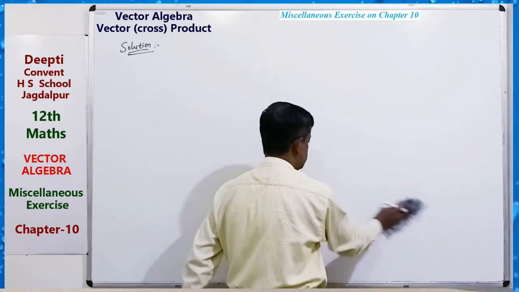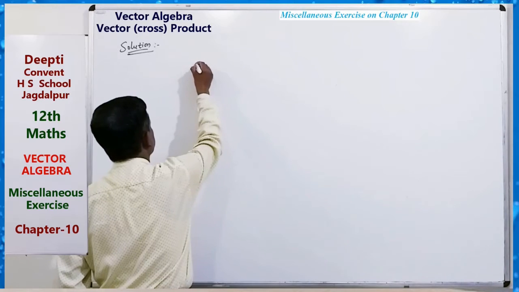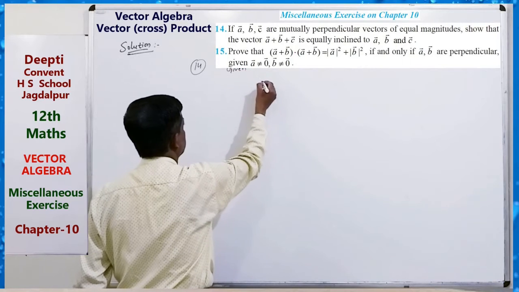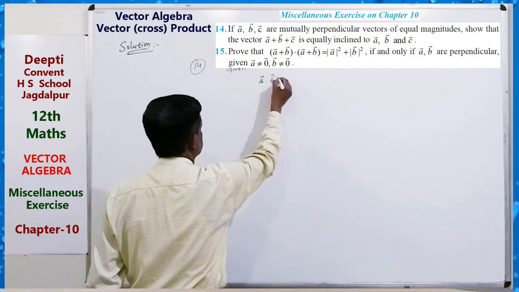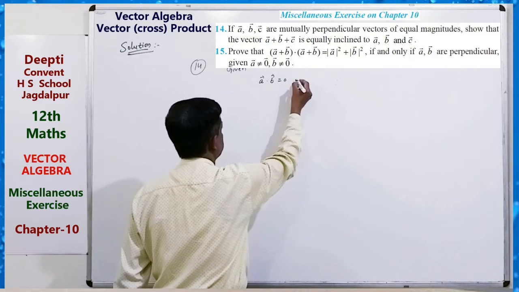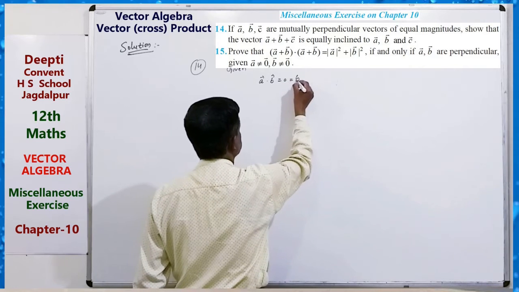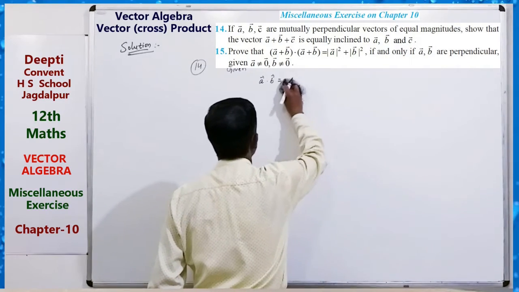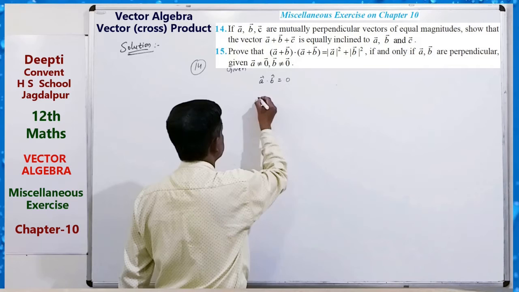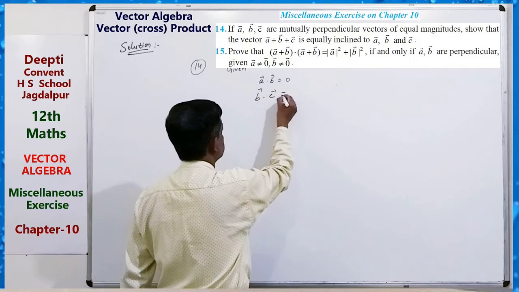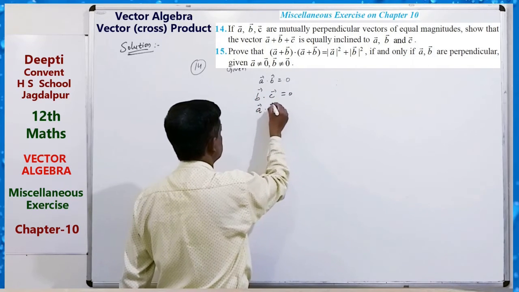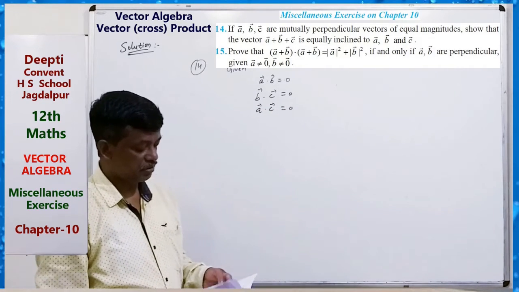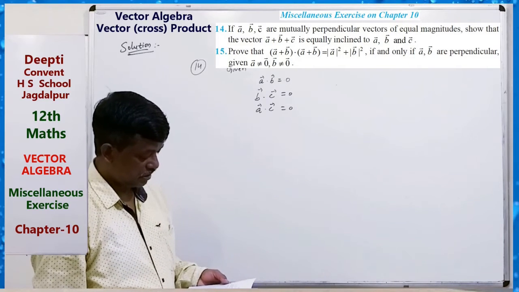Mutually perpendicular means A dot B equals 0, B dot C equals 0, A dot C equals 0, all are 0.